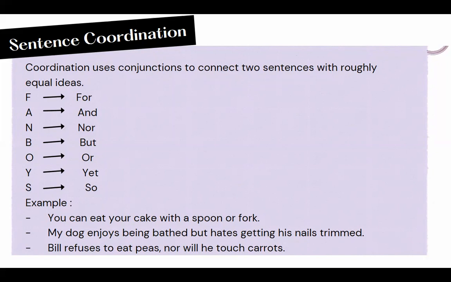In this sentence, we use the coordinator or. The second example: my dog enjoys being bathed, but hates getting his nails trimmed. And the last example: Bill refused to eat peas, nor will he touch carrots.